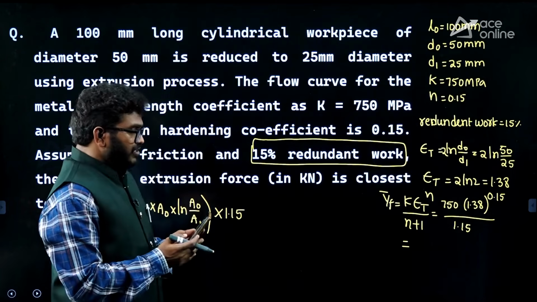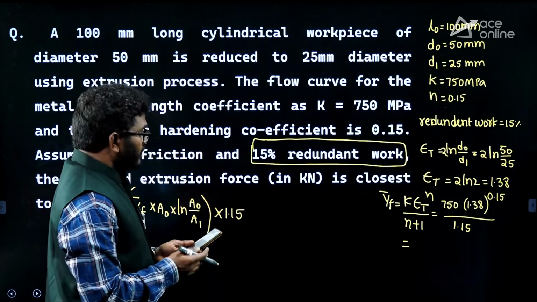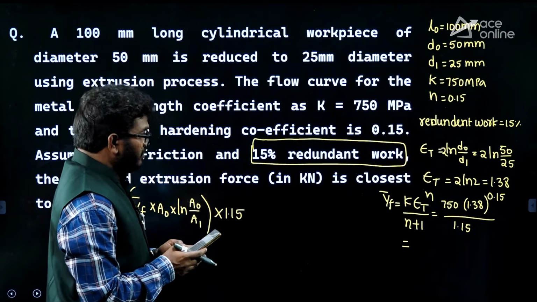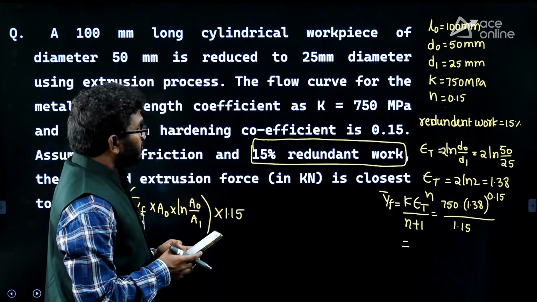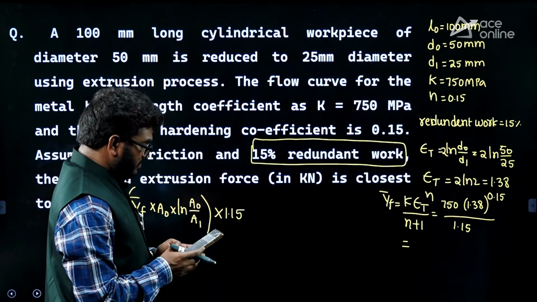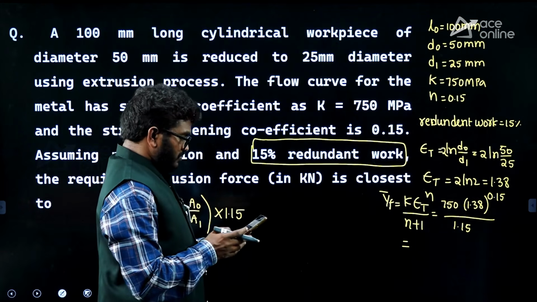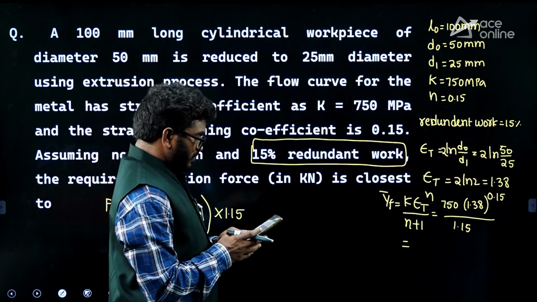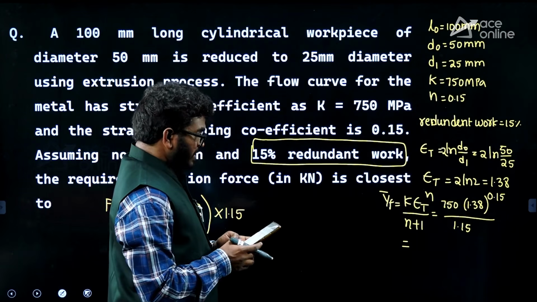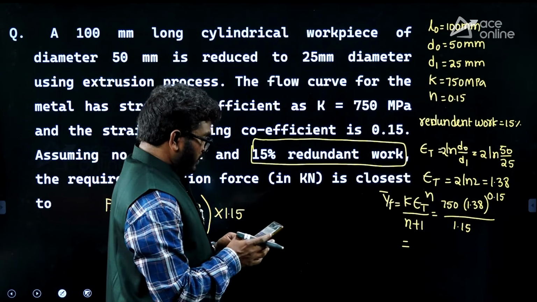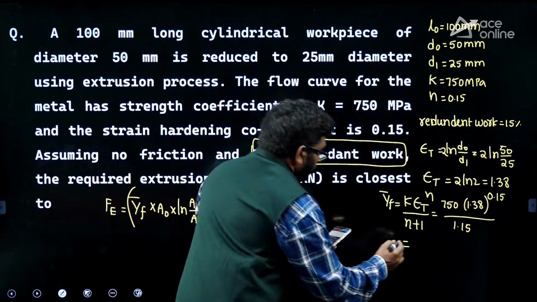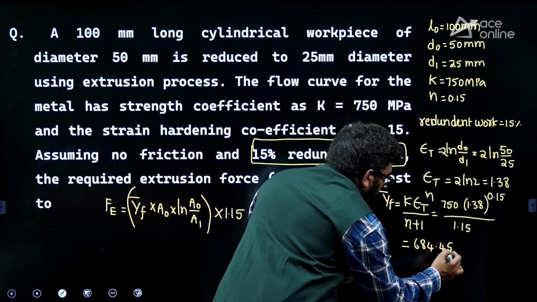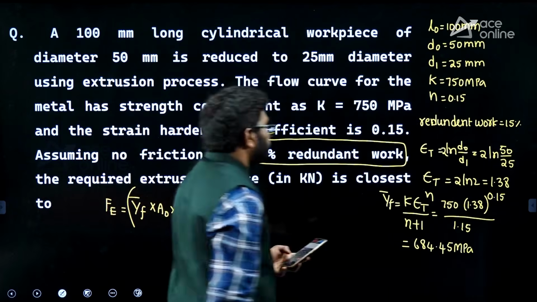Try to calculate it. 750 into 1.38 power 0.15 divided by 1.15. You'll get 684.45 megapascal. This is Y bar f.